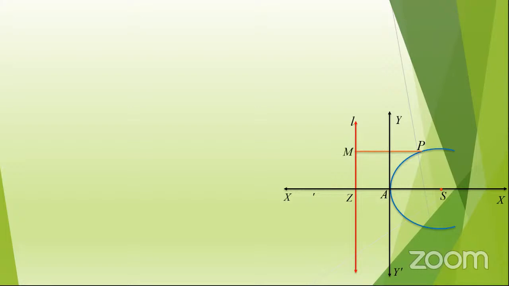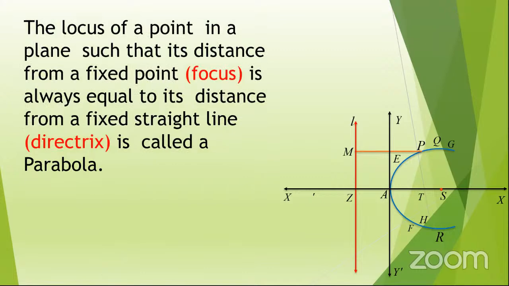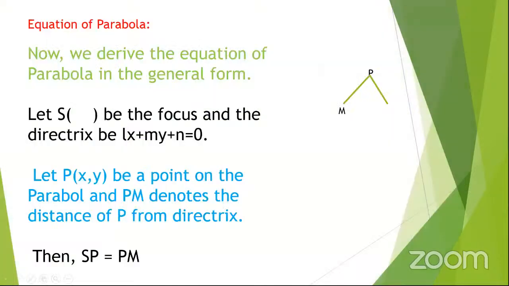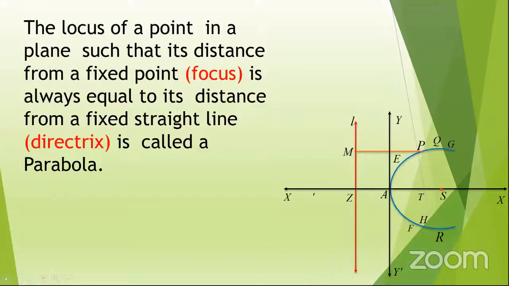Now we have PM, the perpendicular distance from P onto the directrix. The locus of a point in a plane such that its distance from a fixed point is always equal to its distance from a fixed straight line is called a parabola.